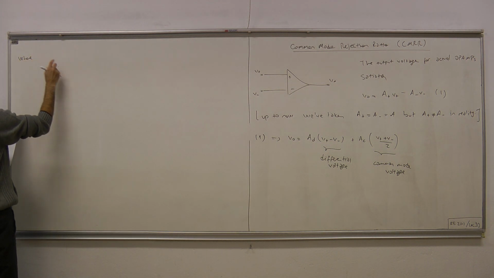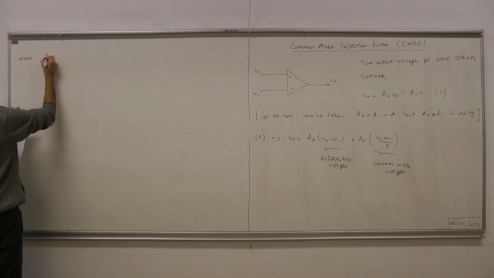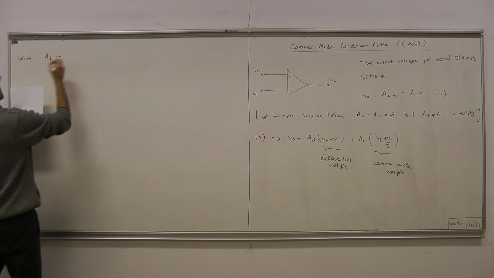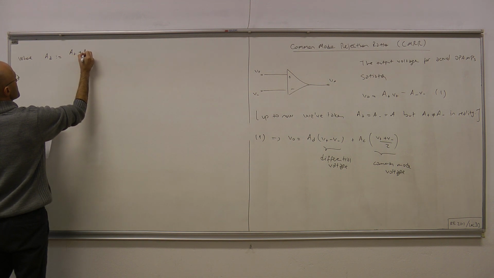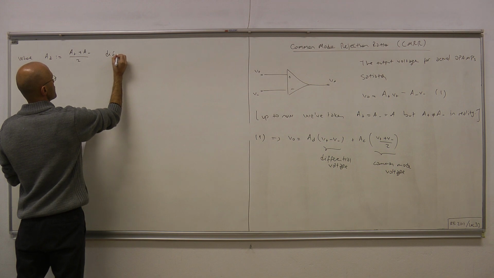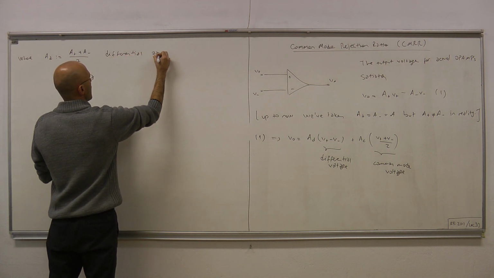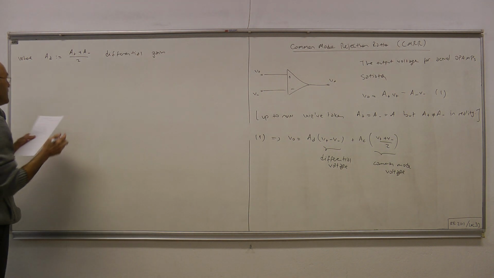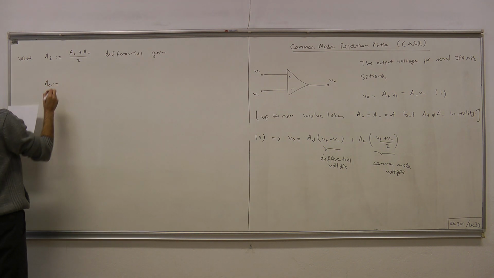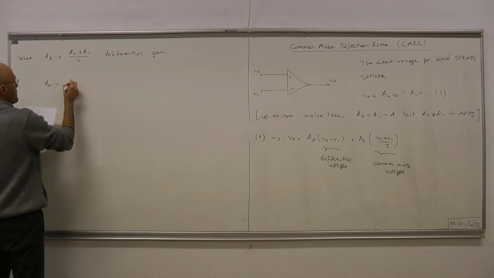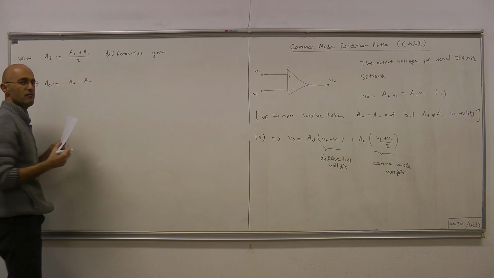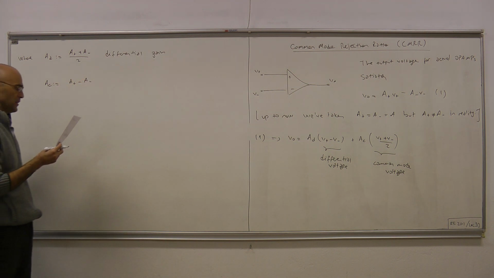Where AD is defined as A plus plus A minus over 2, and it's called the differential gain. Okay, and the other constant, AC, is defined as the difference A plus minus A minus.